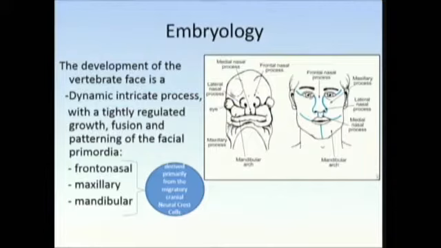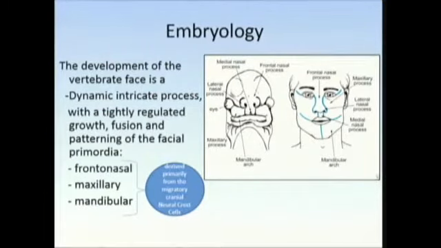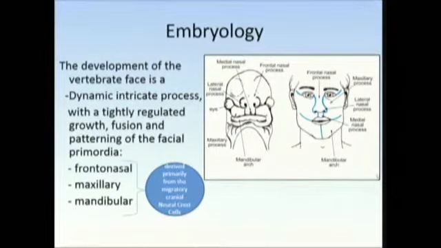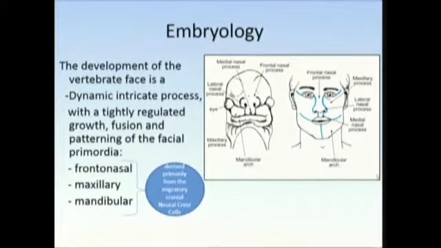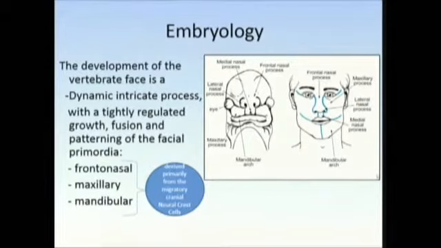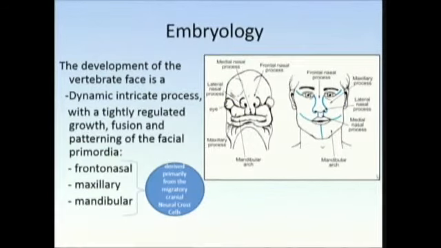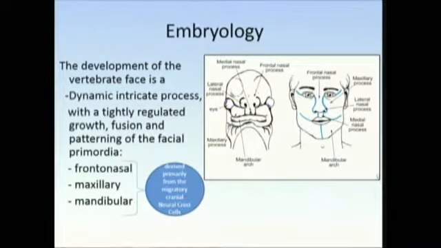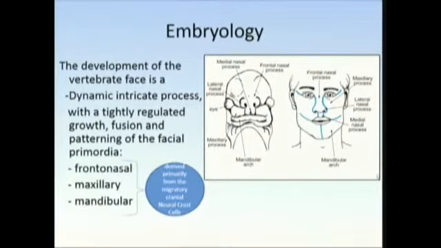A cord of surface ectoderm coming from the frontonasal process will form the lacrimal sac, and then another cord will form from the lower part, goes up, and then they will make the nasolacrimal duct. So please remember this very important point. The nasolacrimal duct doesn't grow from one area as a whole. The lacrimal sac grows from the frontonasal process, and the nasal part of the nasolacrimal duct grows from the horizontal cleavage of the maxillary sinus with the lateral nasal process.